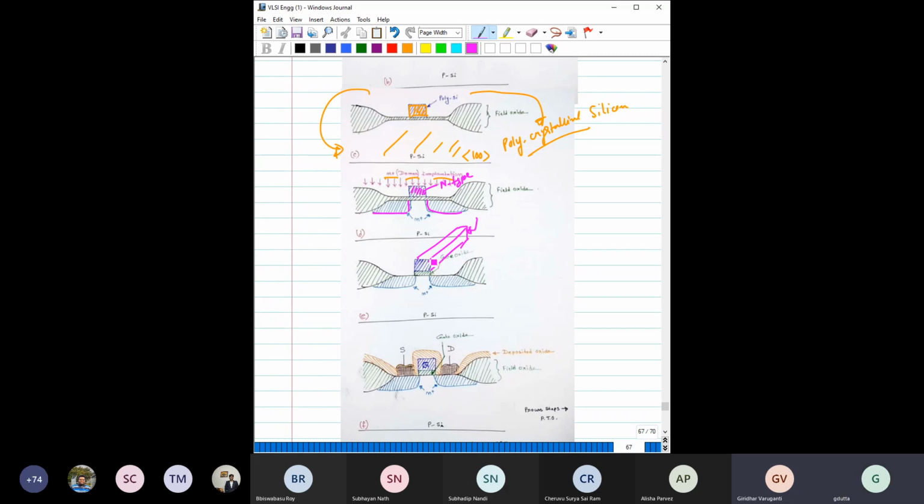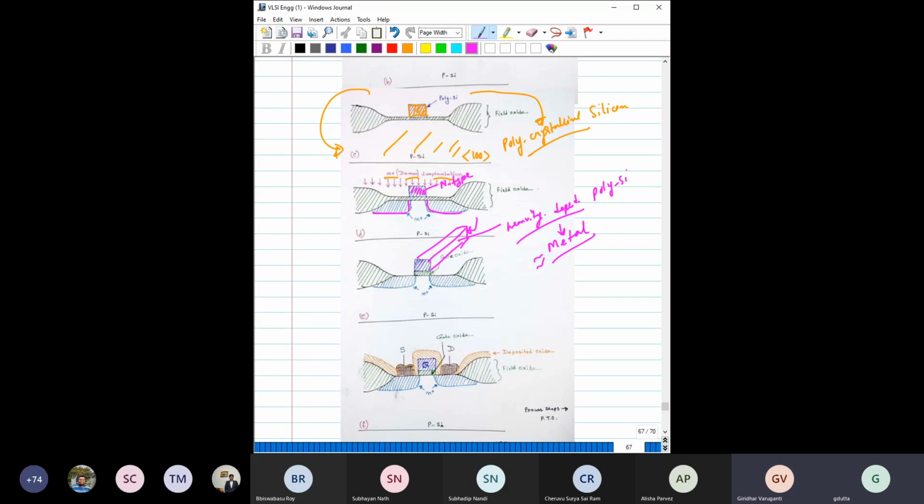So to reduce that, you have to heavily dope this region. When you heavily dope it, its resistivity becomes very low, and you can say now this polysilicon is almost equivalent to metal, right? It is almost equivalent to metal.